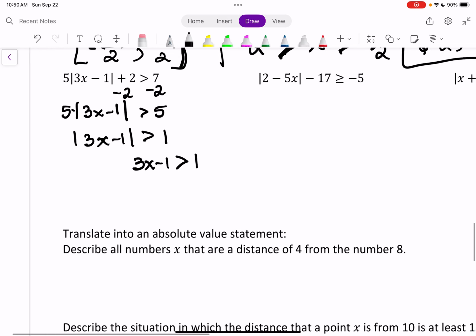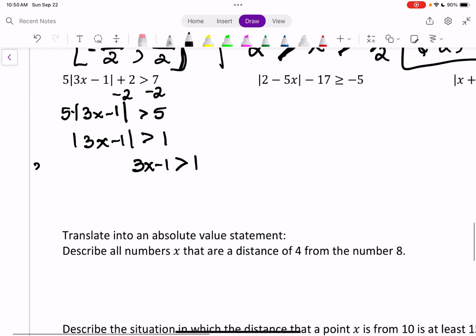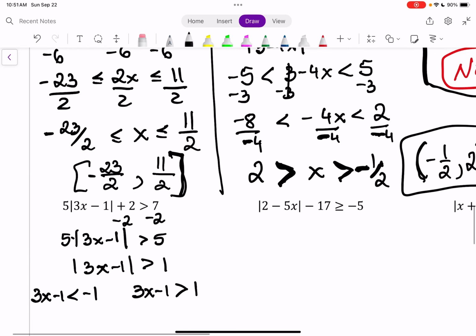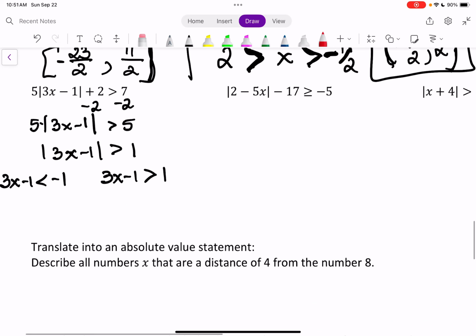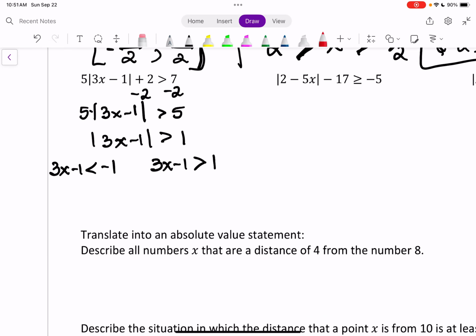So it's more than 1, or on the lesser side of negative 1. So it's to the right of 1. Again, in this situation, more than so many units away. So to the right of whatever, 1, in this case 3, and to the left of negative 1. So that's what it means.